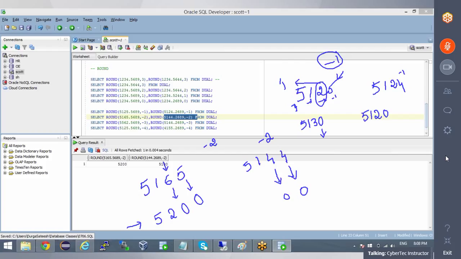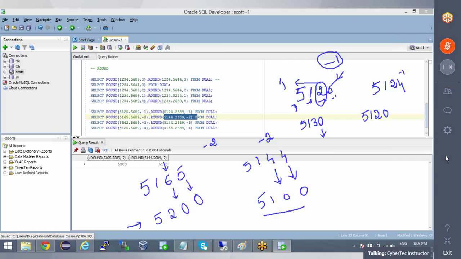So what is the value here? I have a value which is less than or equal to 5. When the value is less than or equal to 5, I will not take any action on this digit. It will be seen as 1 itself, and there is no action on this one. So the answer is 5100.